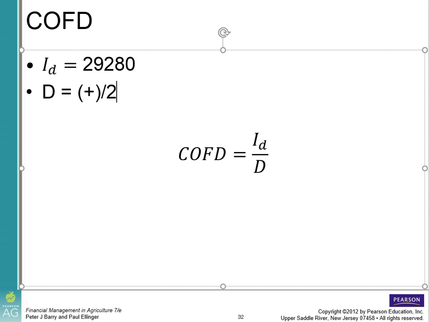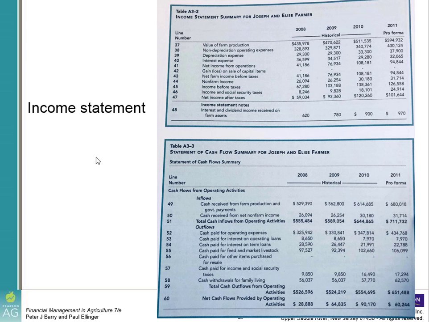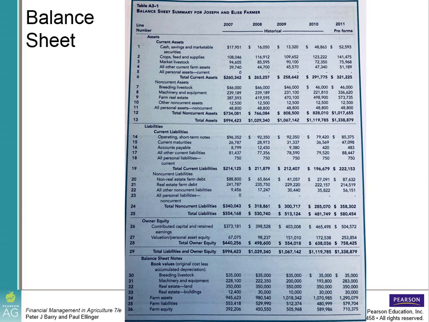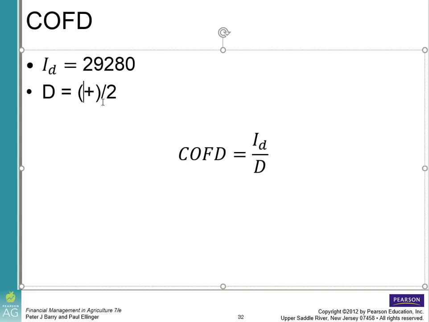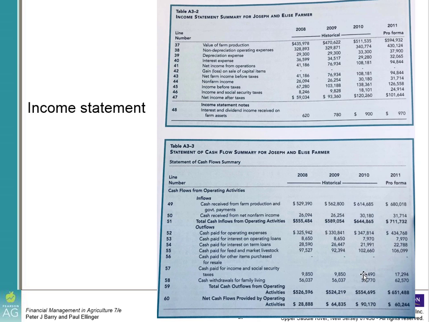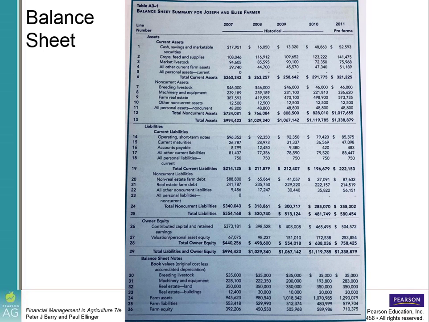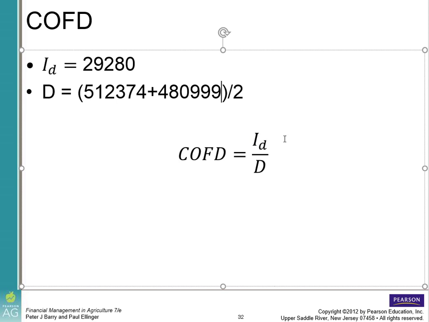So let's just go ahead and plug the numbers. 512,374 plus 480,999, and then divided by 2, this simply equals 496,686.5. Okay, you have this value, you have this value.